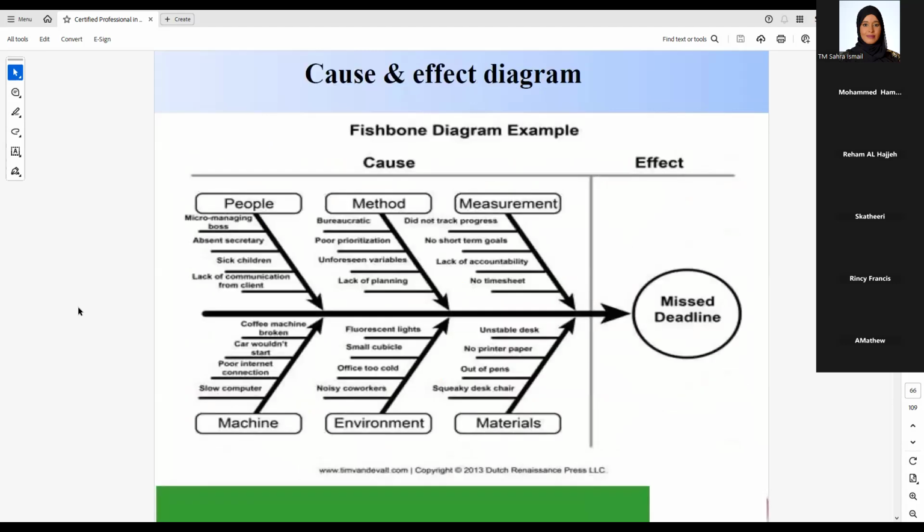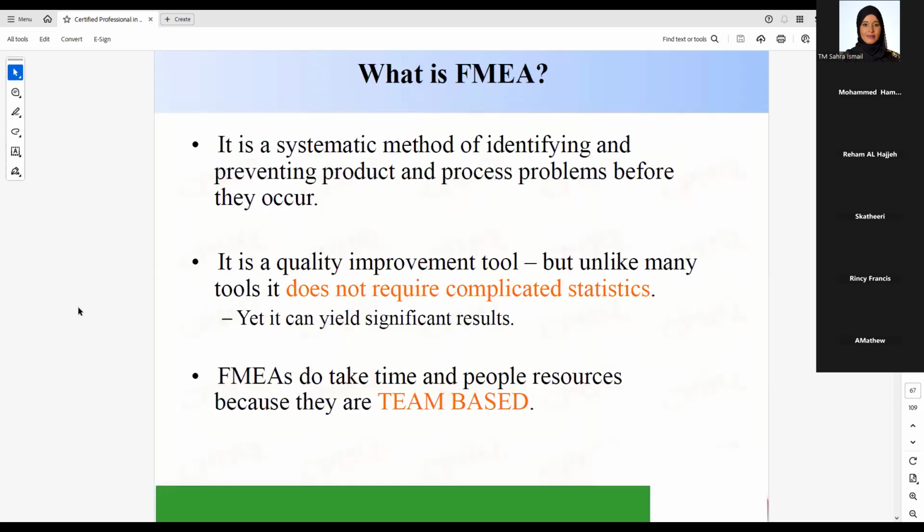And here it's talking about things that are directly related to the concept of risk management and sentinel events, the reactive and the proactive approaches of risk management. From there, we move on to the FMEA. It says it's a systematic method for identifying and preventing product and process problems before they even occur.